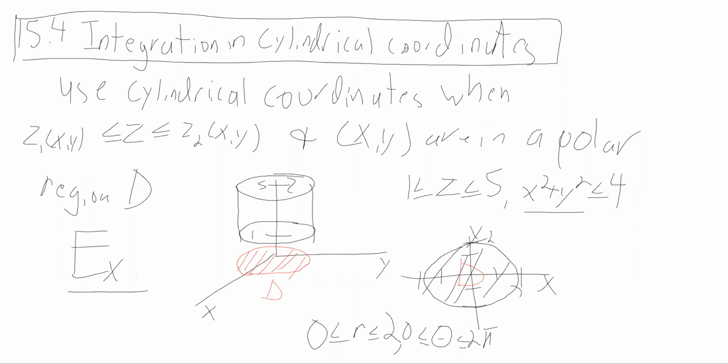So that is essentially cylindrical coordinates. Z is just going to be Z. But instead of having x and y, we have r and theta. So points in cylindrical coordinates are going to be of the form r, theta, z.